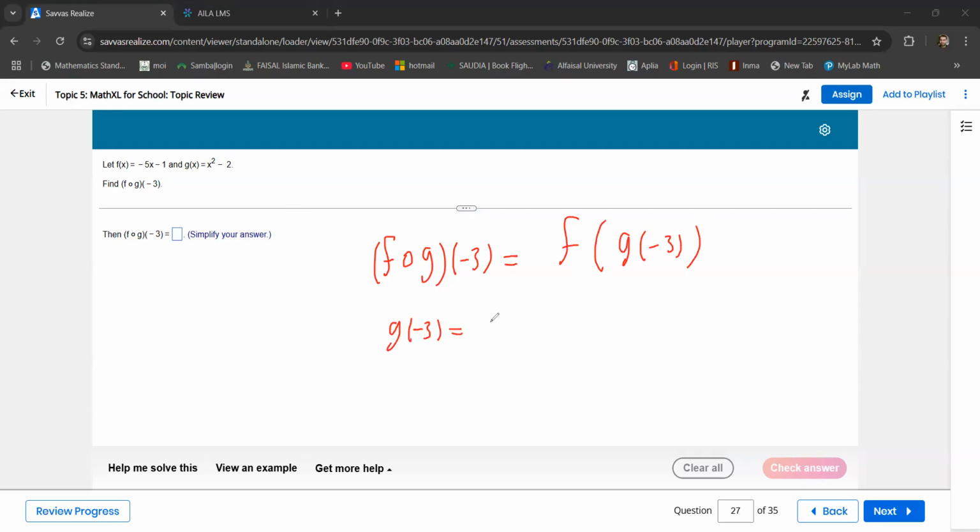According to the function g, it should be negative 3 to the power of 2 minus 2. This will be 9 minus 2, which is 7. Now we evaluate f of 7. It is negative 5x, means negative 5 times 7 minus 1. So negative 35 minus 1 means negative 36.